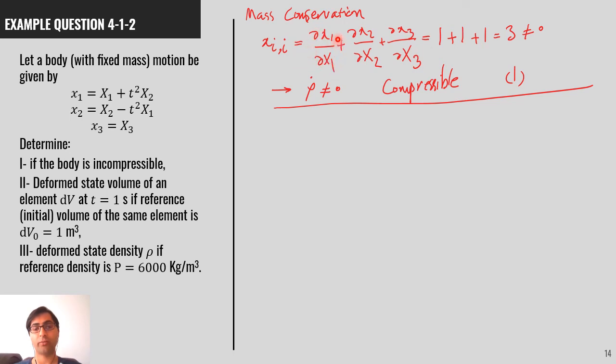Partial x1 partial capital X1 is 1, partial x2 partial capital X2 is 1 again, and partial x3 partial capital X3 is 1 again, which equals 3. It's not 0, so rho dot cannot be 0, so the material is compressible.